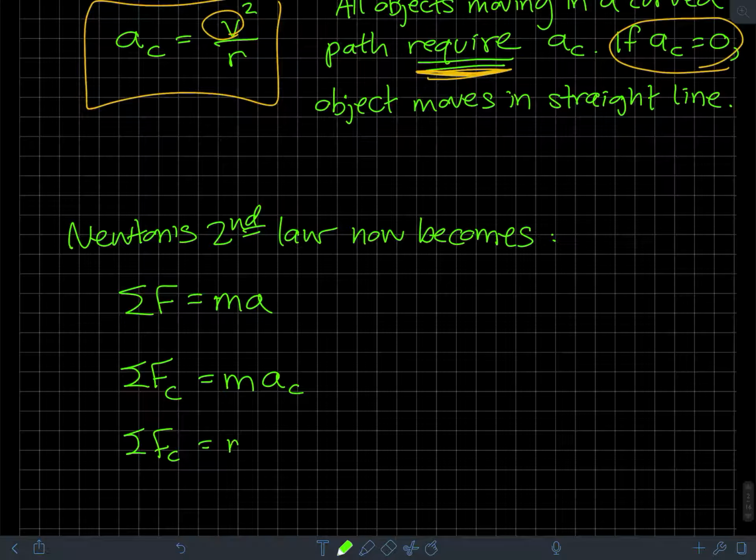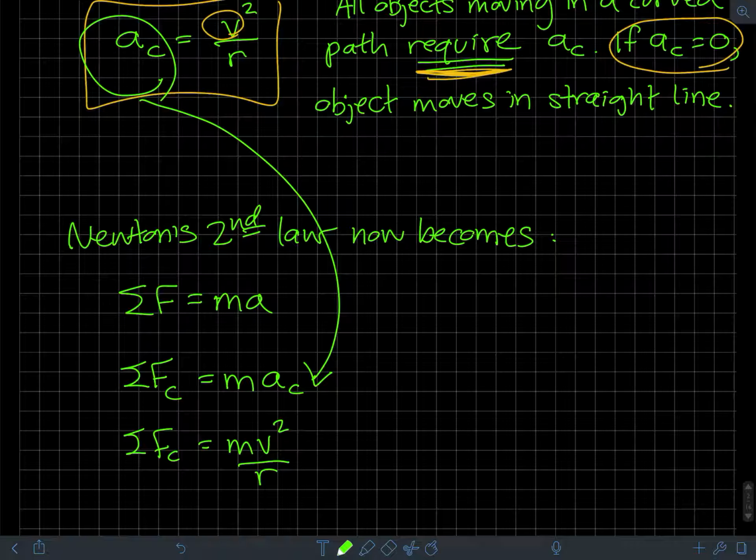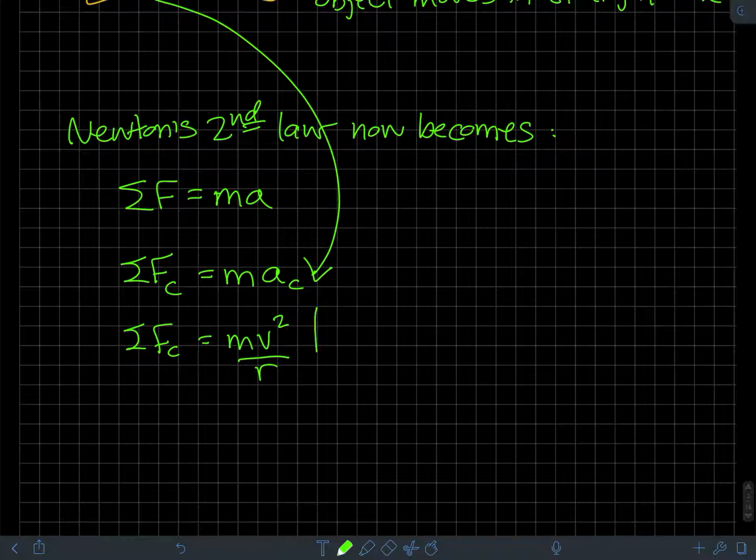So it's m times v squared over r. I'm just taking that centripetal acceleration from up here and plugging it in down here. So it is totally fine if you want to start your Newton's second law right at this point. You don't have to start with F equals ma and then substitute. You can start with the sum of the forces in the centripetal direction equals mv squared over r, and that can be your template.